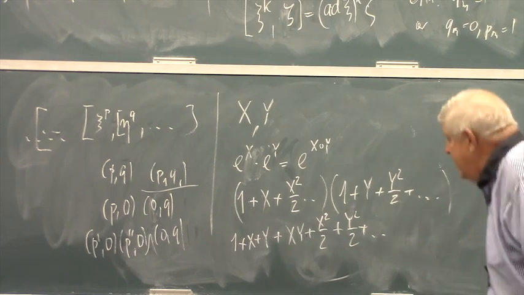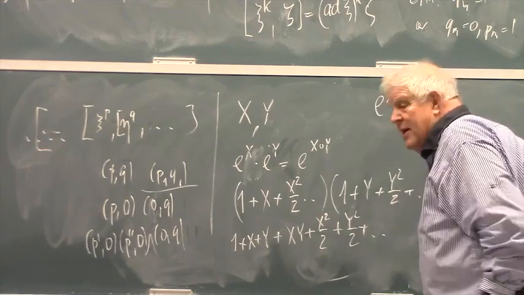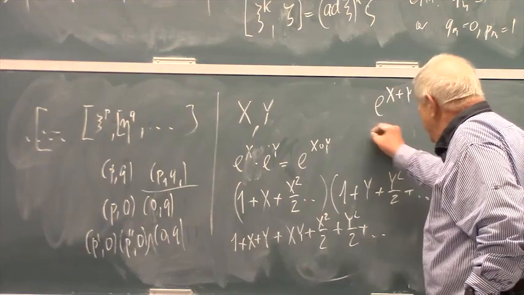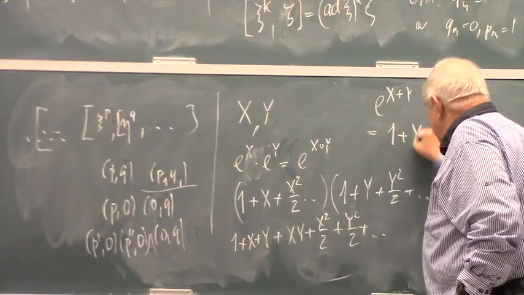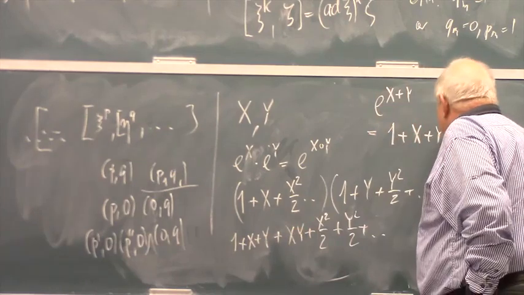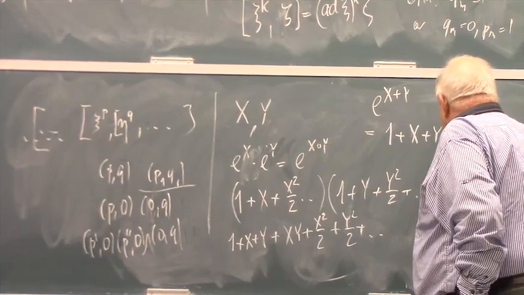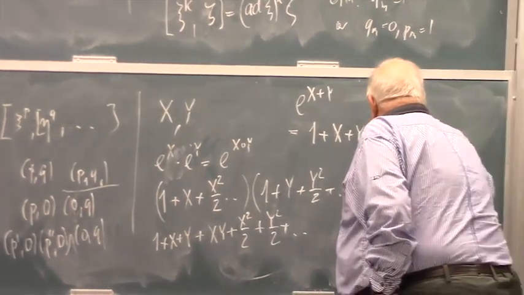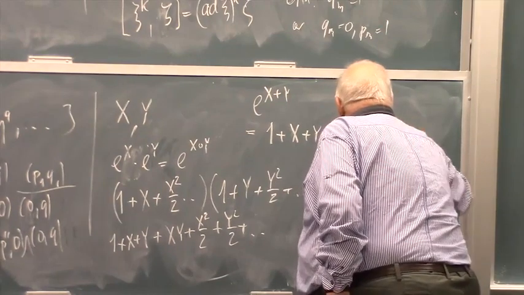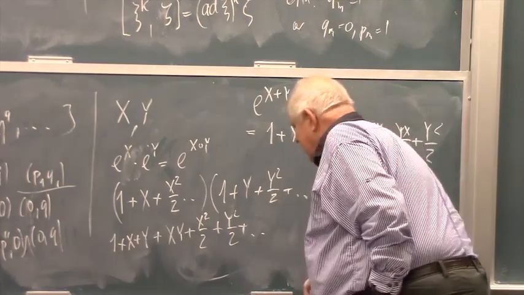If I write e just to the power x plus y, and x and y do not commute, I get what? I get 1 plus x plus y. This sounds okay. Plus, however, the square of this divided by 2. It is x squared over 2 plus xy over 2 plus yx over 2 plus y squared over 2.